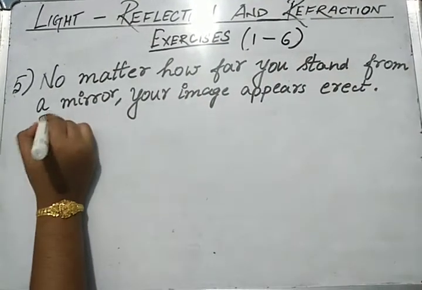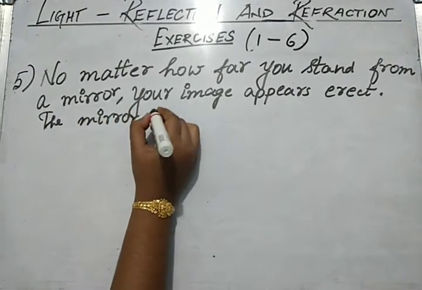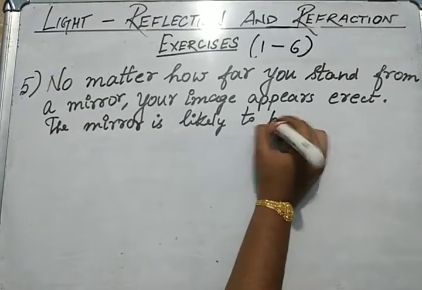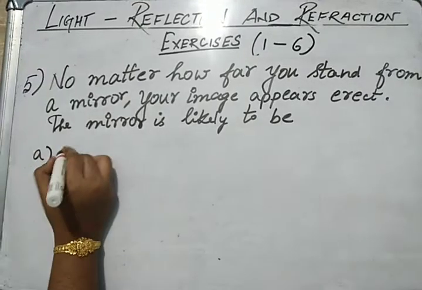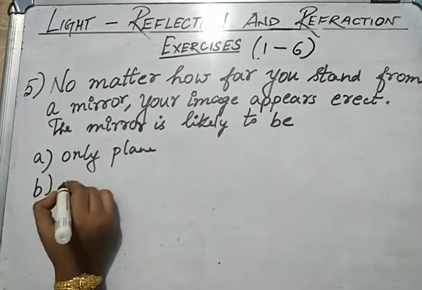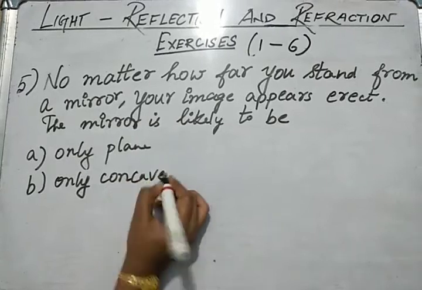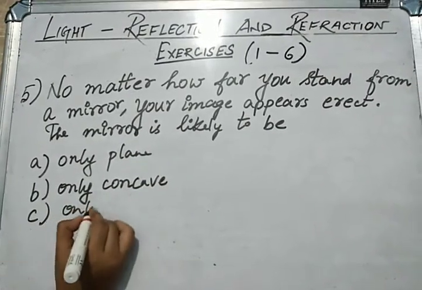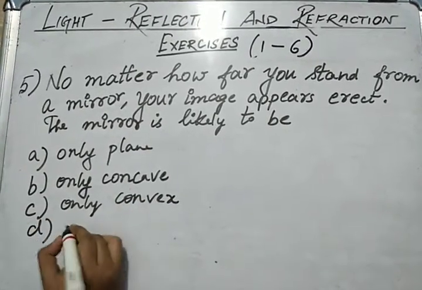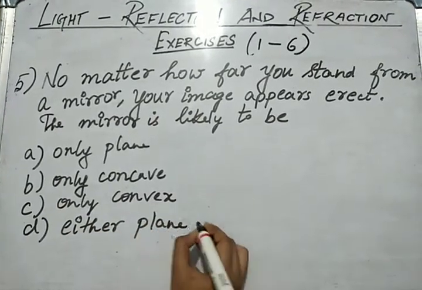The mirror is likely to be: option A, only plane. Option B, only concave. Option C, only convex. And option D, either plane or convex.